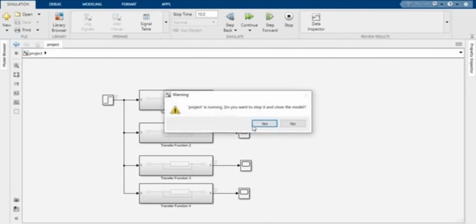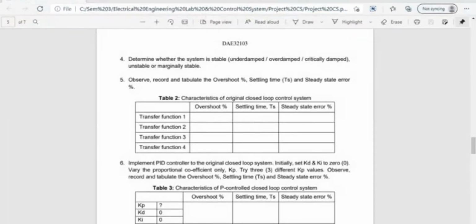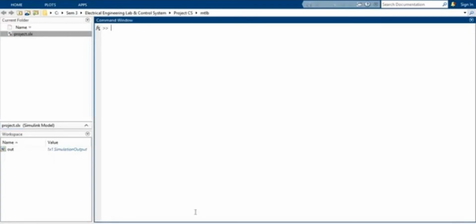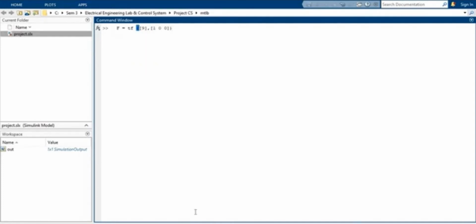Using only this command window, first we have to put the value of the transfer function, for example transfer function number 1, 100. Right, this is a transfer function.